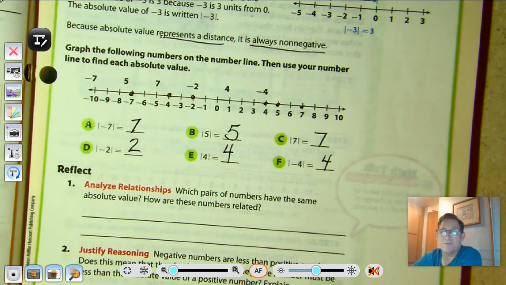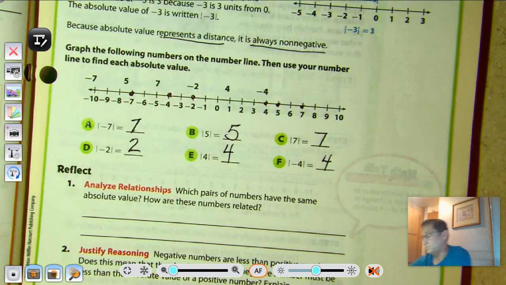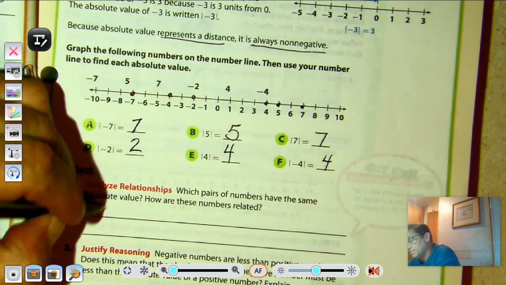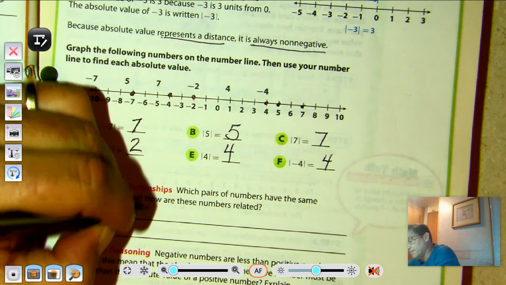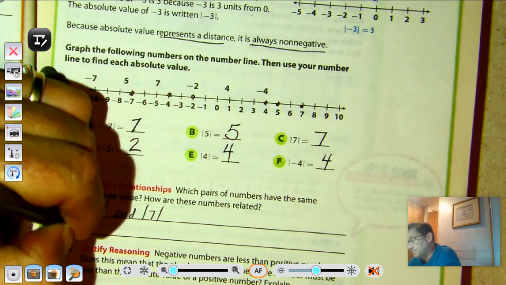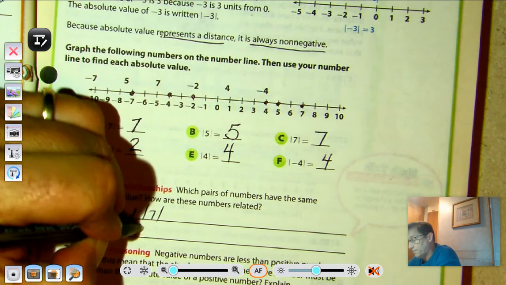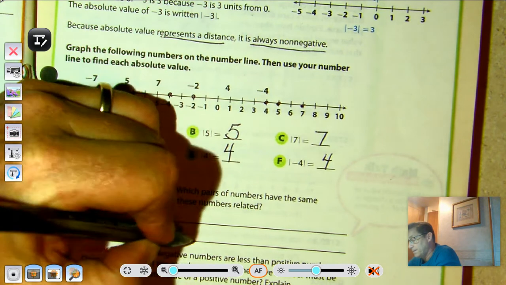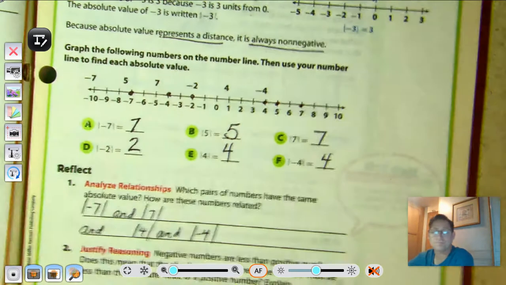All right, so which pairs of numbers have the same absolute value? Well, the absolute values of -7 and 7, and the absolute values of 4 and -4.